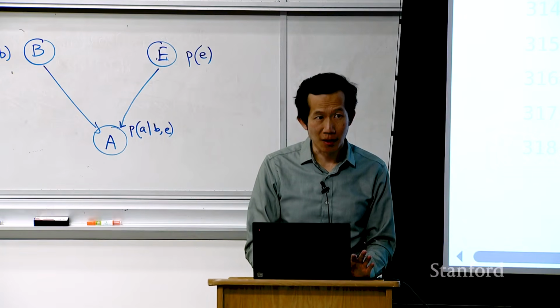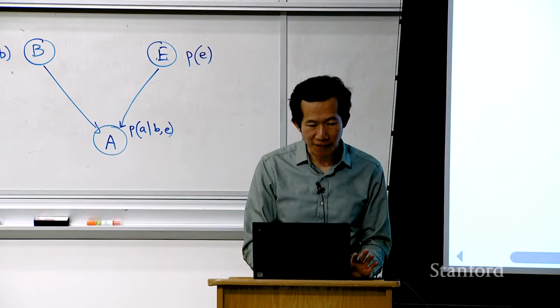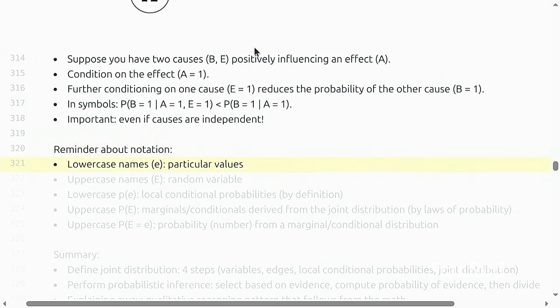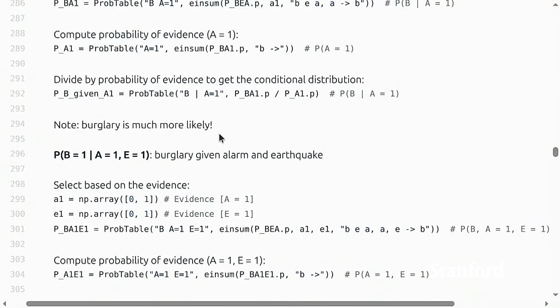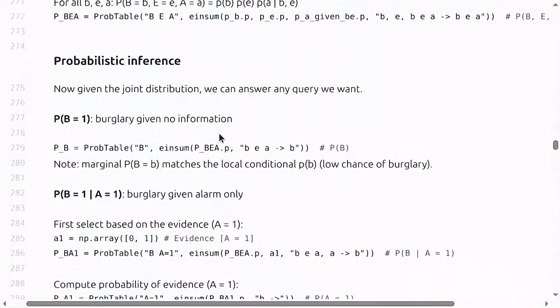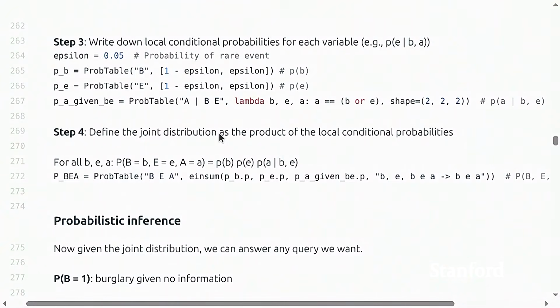Okay, just a quick note about notation. I'll just emphasize this again. I'm using lowercase and uppercase deliberately here. Lowercase names represent particular values. For example, the probability of a random variable, uppercase, equals a particular value, which is lowercase. So that's the convention.